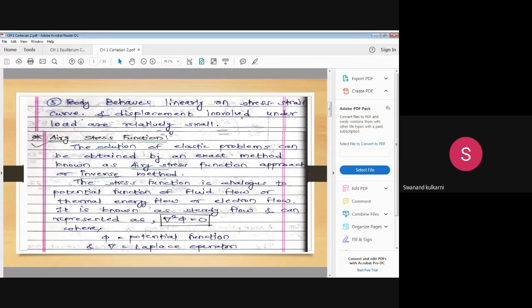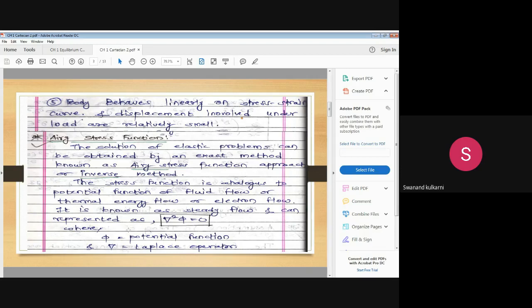Is it okay? So this stress function is analogous to the potential function of fluid flow, thermal energy flow, or electron flow. So del, this concept we have already used in mathematics, dou 2 upon dou x2 plus dou 2 upon dou y2. This concept is considered to be the del function. Is it okay? So del square phi is equal to 0. This is the first thing which Airy stress function states, where phi is considered to be the potential function and del is the Laplace operator.